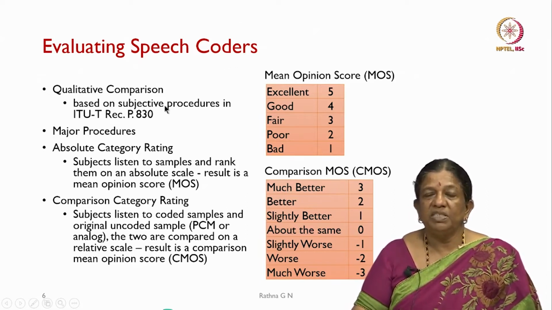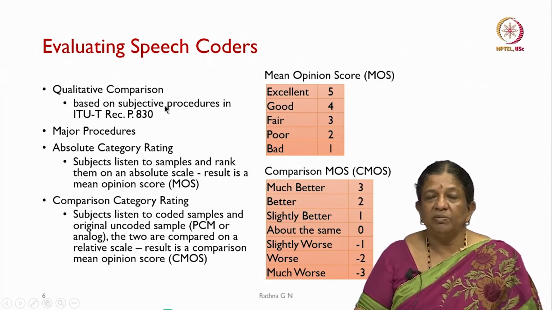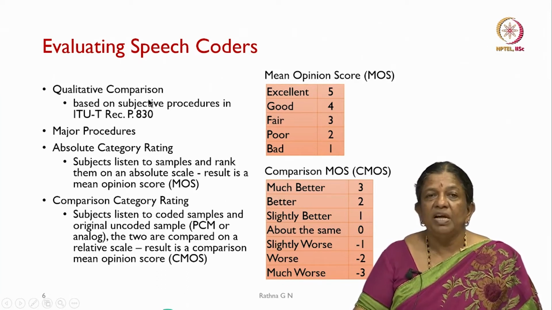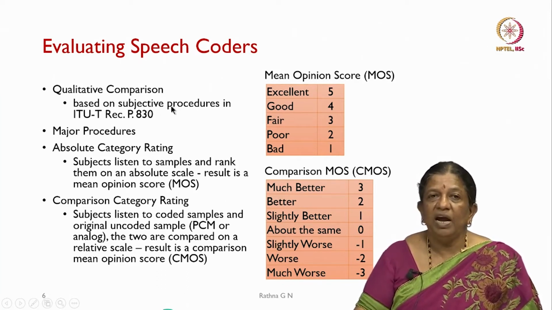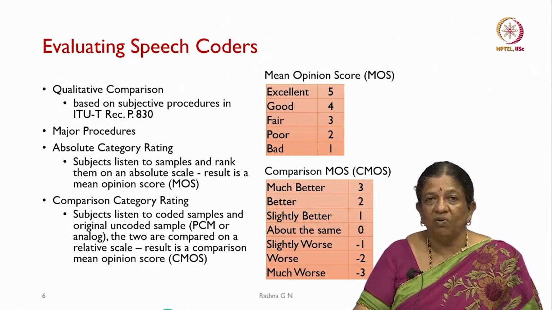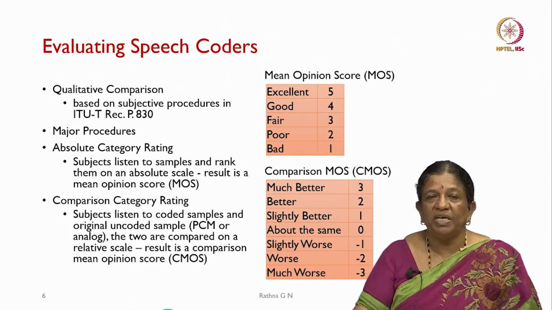Subjective means you put various subjects to hear these voices, and, as we said, the mean opinion score is taken from each one, saying how good or bad the quality is.